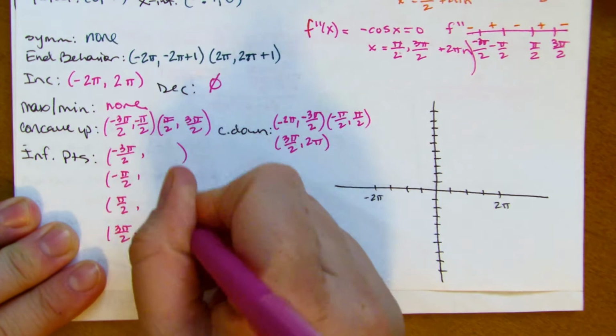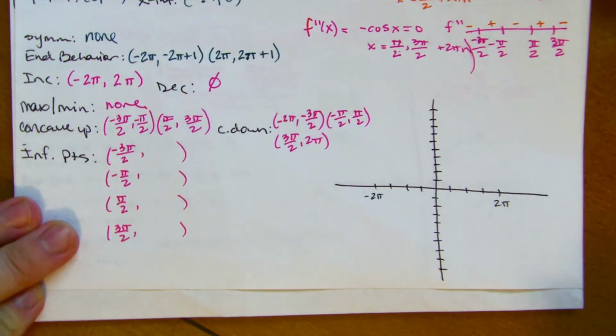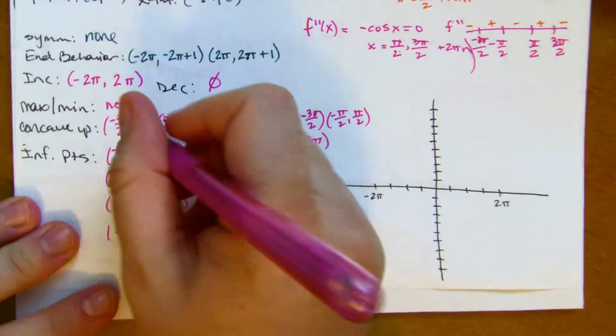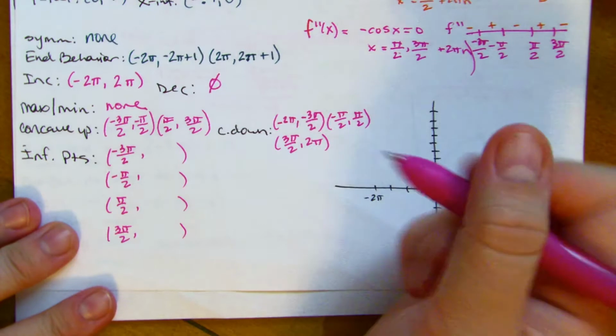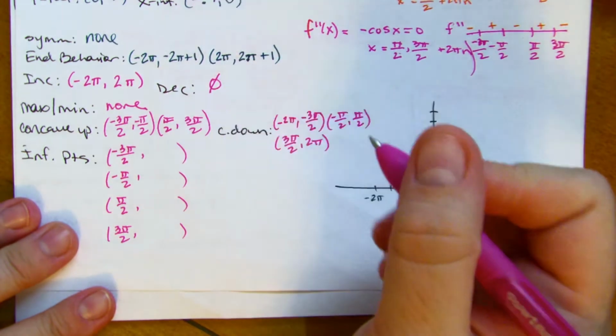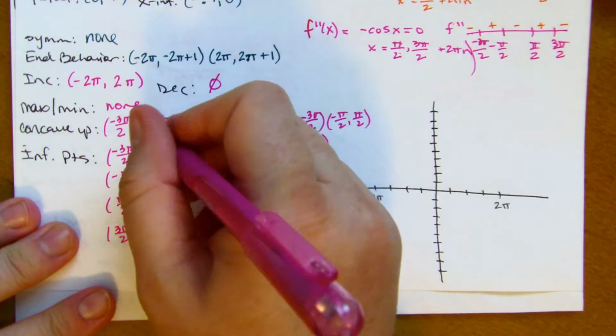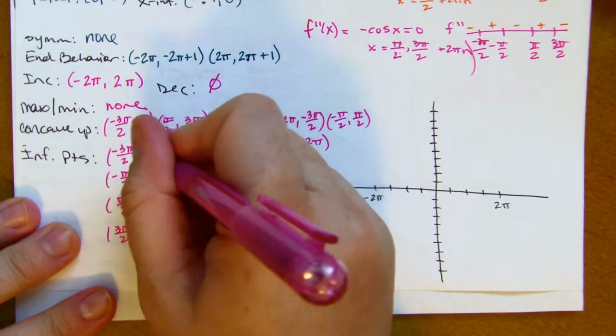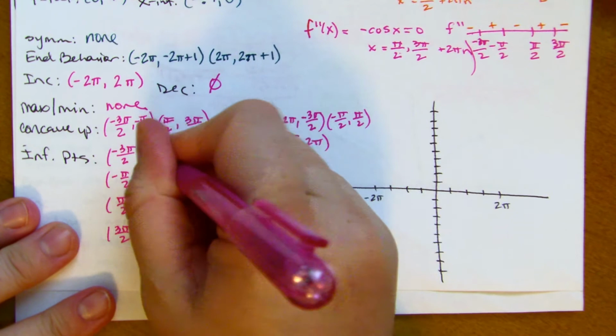And we want to find those corresponding y values. And again, this is a transcendental function. It behaves a little bit strange. If I wanted to find the exact values, then we would say, okay, negative 3 pi over 2, and then cosine of negative 3 pi over 2 is 0. So that would be negative 3 pi over 2.